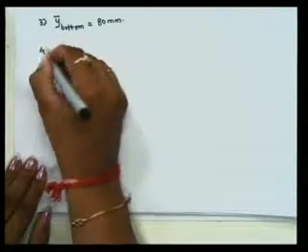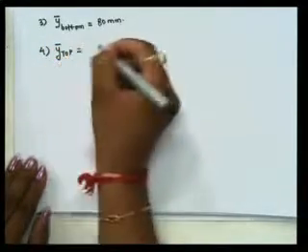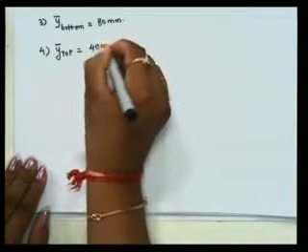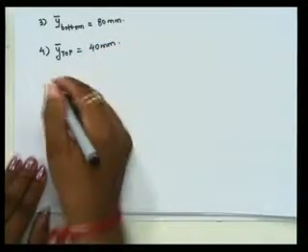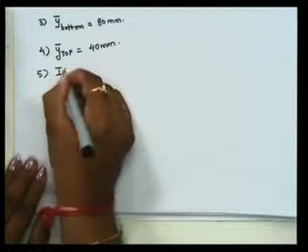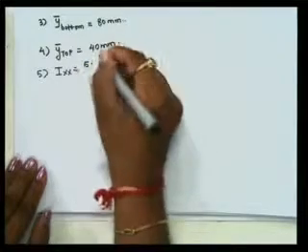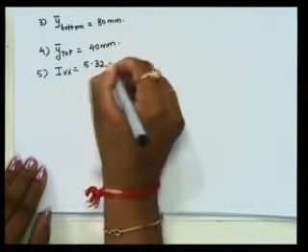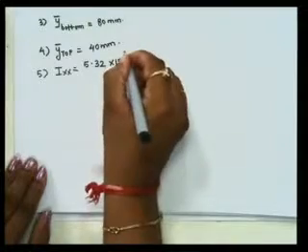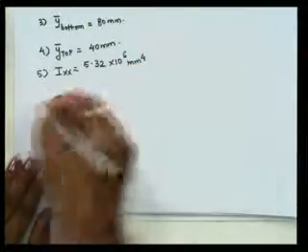Fourth, we have calculated Y bar top, that is equal to 40 mm. Then fifth, we have calculated moment of inertia Ixx, that is 5.32 into 10 to the power 6 mm to the power 4.